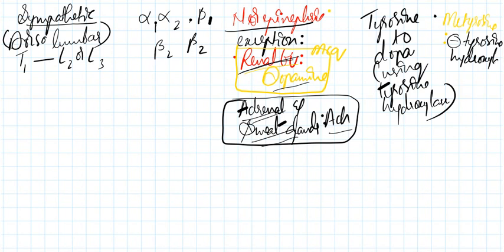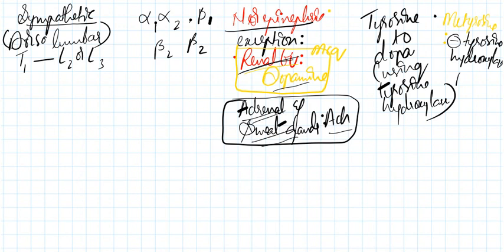Now, can you tell me what happens if tyrosine hydroxylase is blocked? If tyrosine hydroxylase is blocked, tyrosine will not be converted to dopamine. If tyrosine is not converted to dopamine, then there will not be production of catecholamines. Catecholamines are the hormones which are neurotransmitters. So, there will not be production of the neurotransmitters.